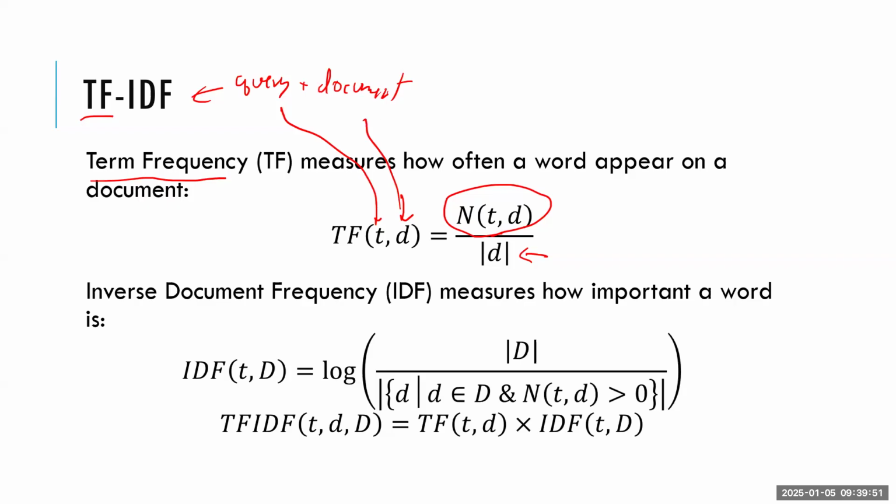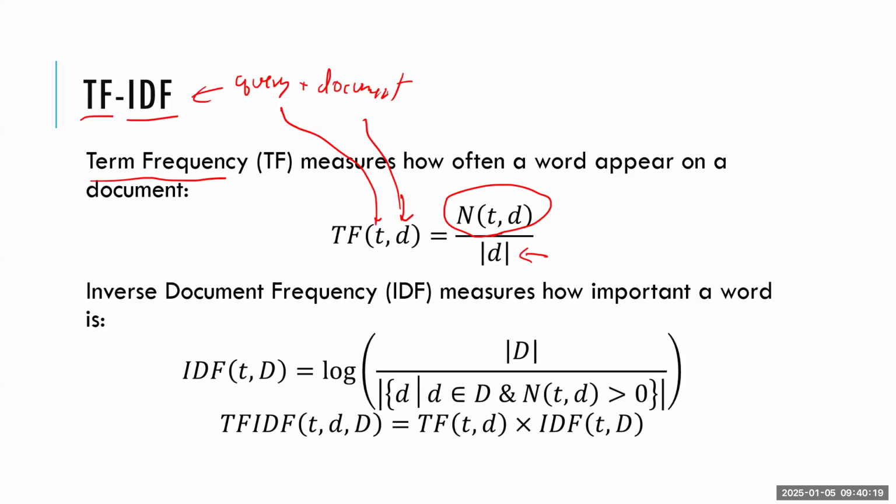Right? So this is the TF. And then we have inverse document frequency, right? In term frequency, the intuition is that if a word appears more in this document, it should be more relevant. That is the information retrieval knowledge that we have.